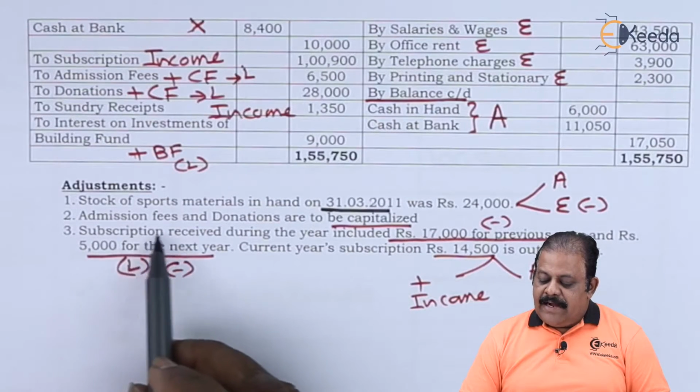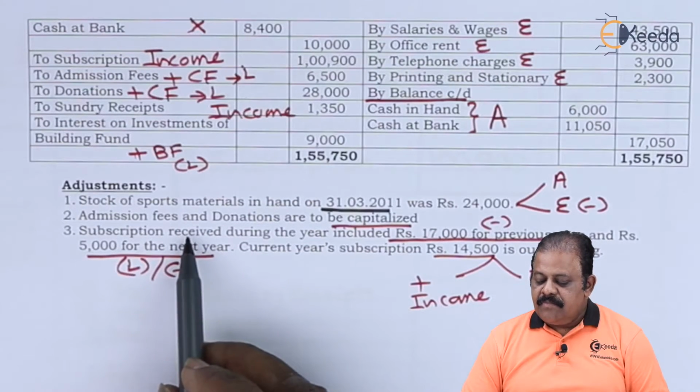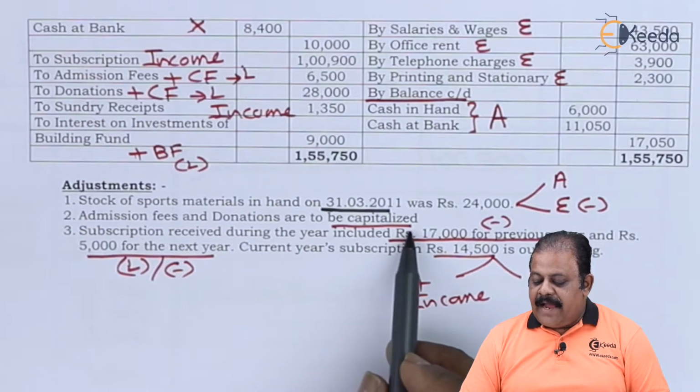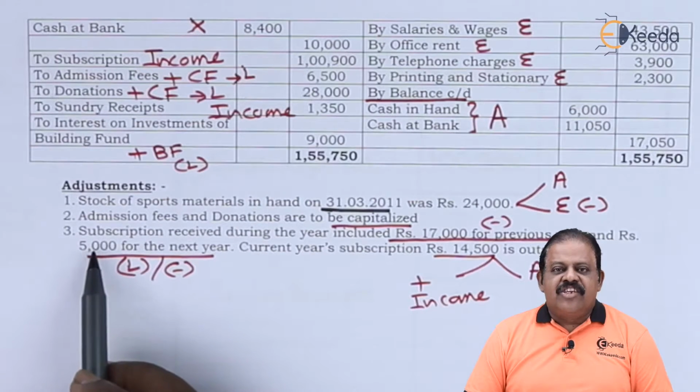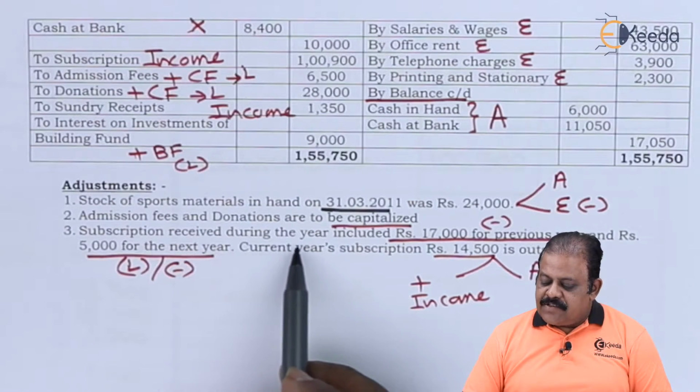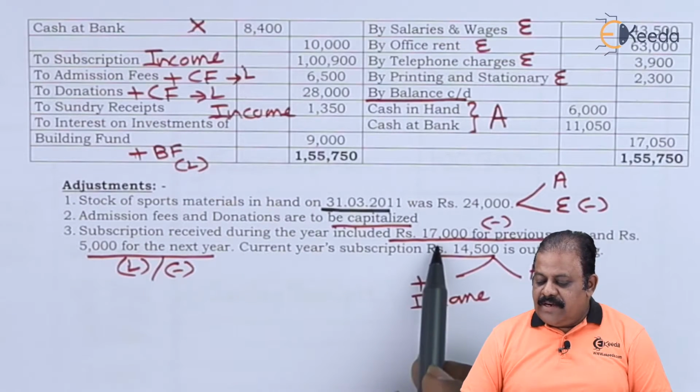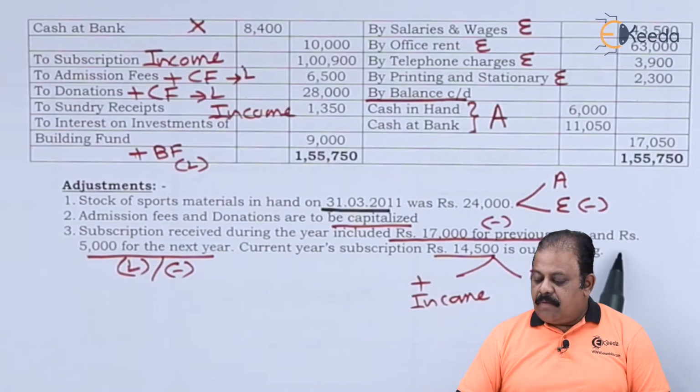Second adjustment, admission fees and donations are to be capitalized. We have already taken care of this information and added both the items to capital fund on liability side. Last adjustment, subscription received during the year included 17,000 for previous year.